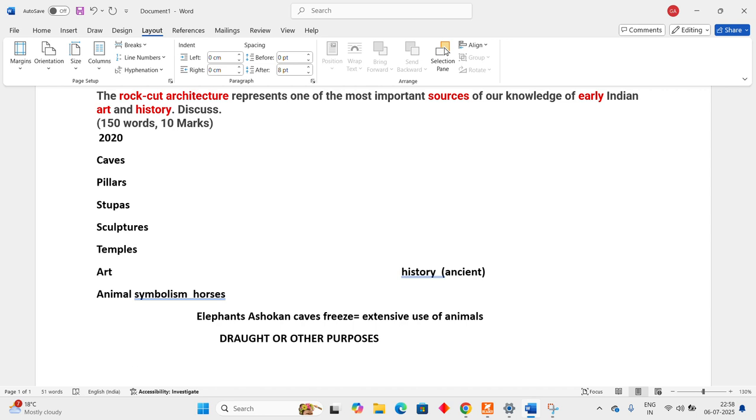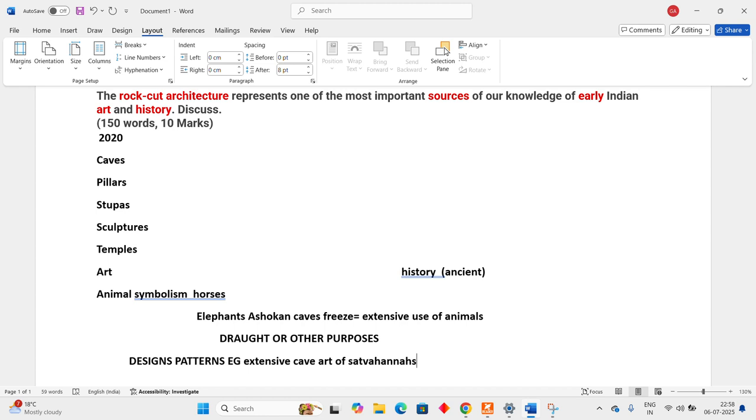Then you have designs, or you can talk about patterns. An example of this can be the extensive cave art of the Satavahanas.